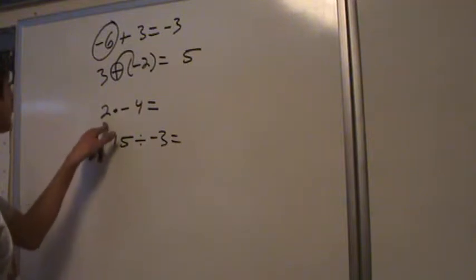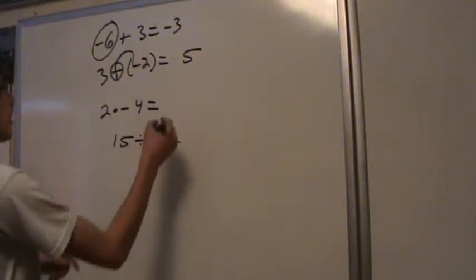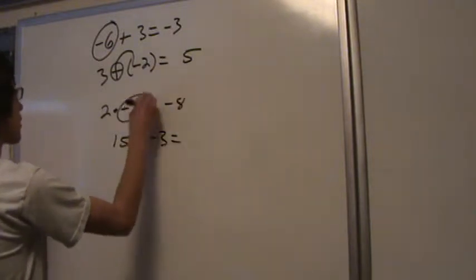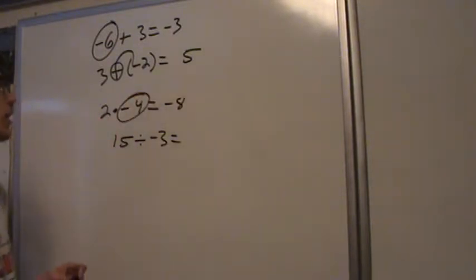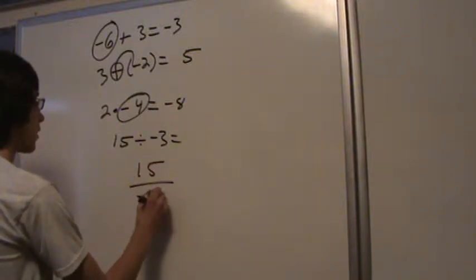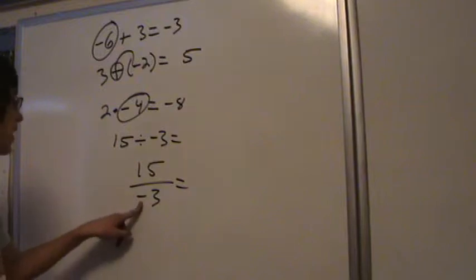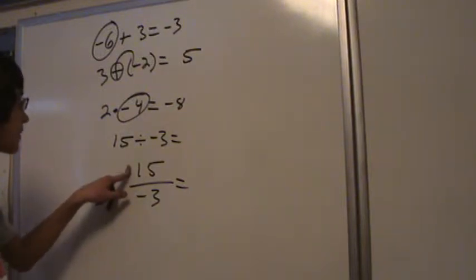Okay, so how about 2 times -4? That would be -8 because negatives overrule positives. Okay, how about 15 divided by -3? You can also write it like this. So we have a negative going into a positive.